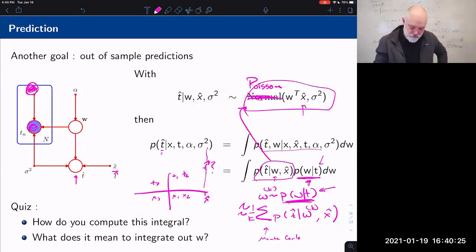I hope at least pictorially, it's relatively clear what it means to integrate out W. It means that when you make a prediction, your confidence intervals, and in fact the distribution of predicted values, will be properly calibrated under the model. If you don't integrate over W, then your predictions will be overly confident. And that's, in some situations, really, really bad.